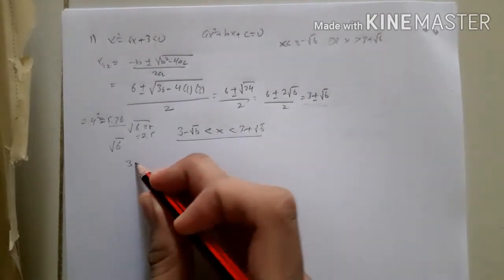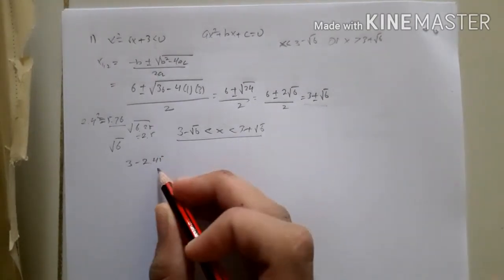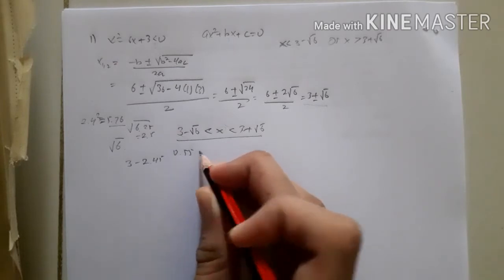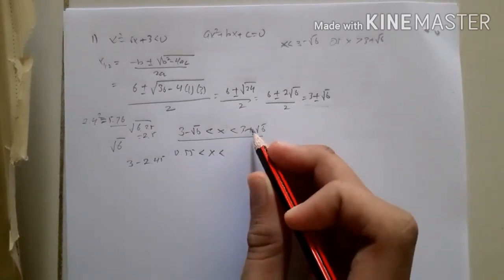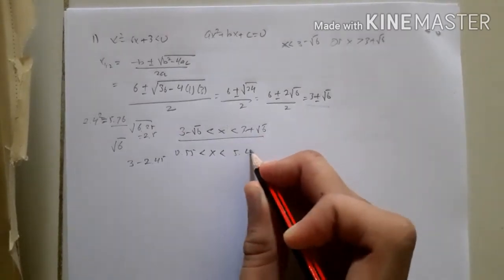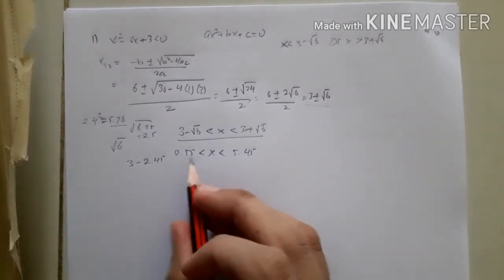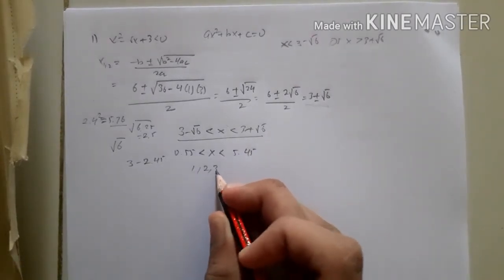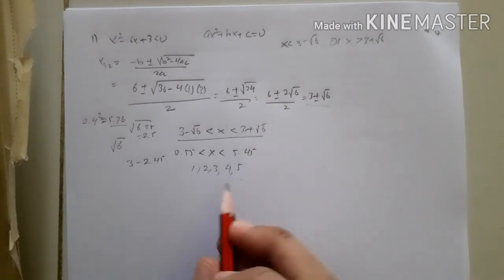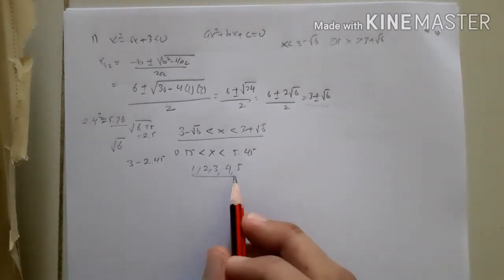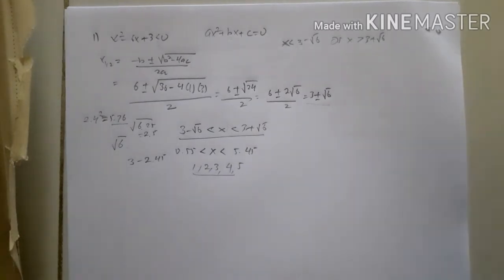If you subtract 3 minus 2.45, it is about 0.55, and then you add 2.45, so this is 5.45. So the integers inside here are 1, 2, 3, 4, and 5. So the number of integers that satisfy is 5.